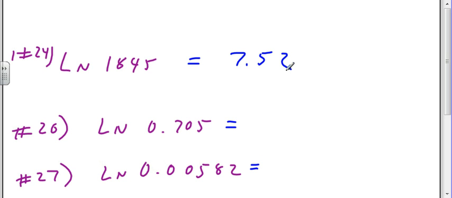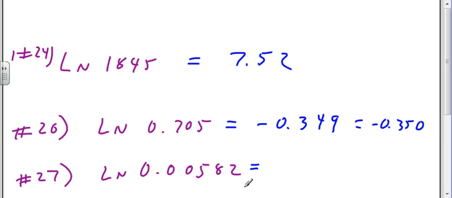natural log 0.705. You guys do notice that I am wearing my Yukon tie. 0.349. I would round that up to minus 0.350 for my final answer if I was going to do it.